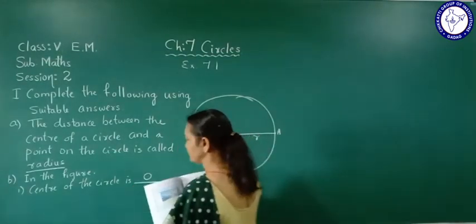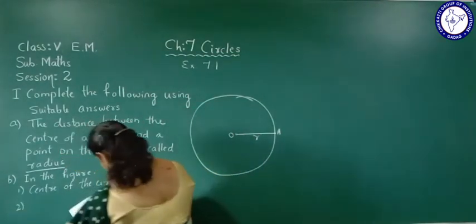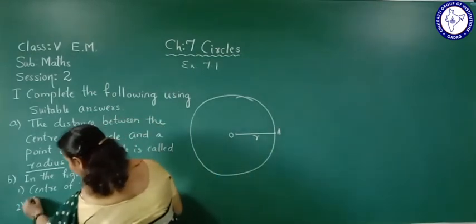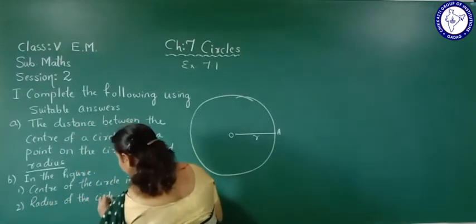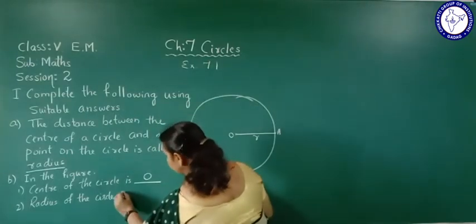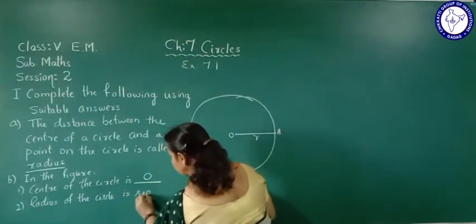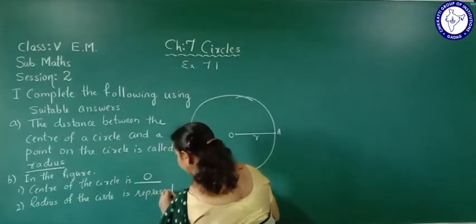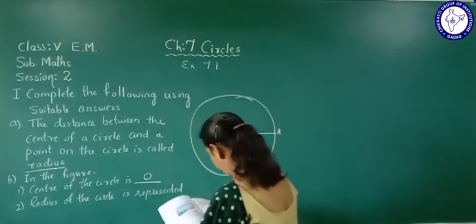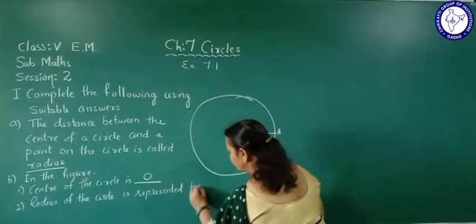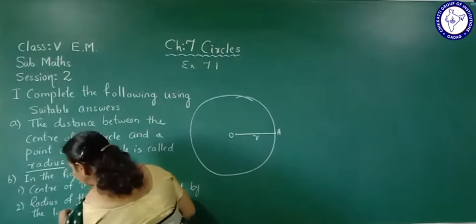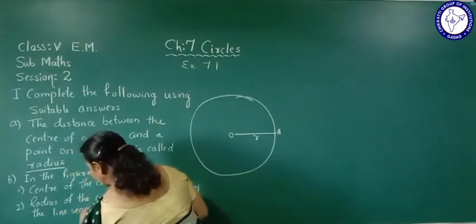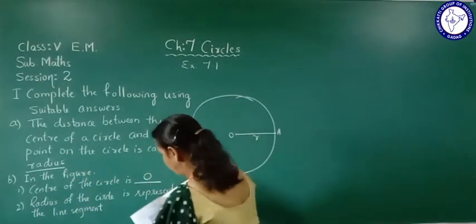Then second answer, second fill in the blank, radius of the circle is represented by the line segment dash.